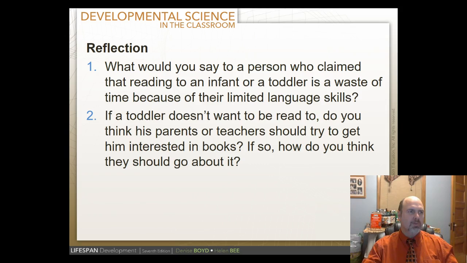So here's a question for you. What would you say to a person who claimed that reading to an infant or a toddler is a waste of time because of their limited language skills? Well, it would help their vocabulary. It would help their love for reading. It's modeling an interest in reading early on. Usually toddlers who are read to will have a higher repertoire of vocabulary.